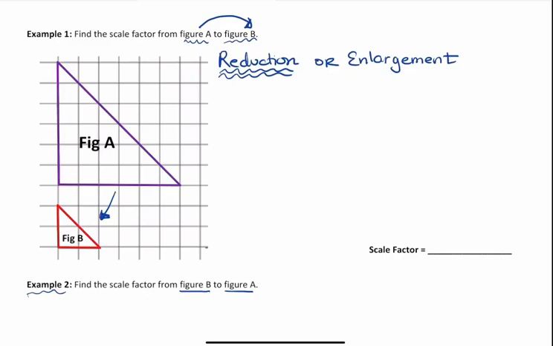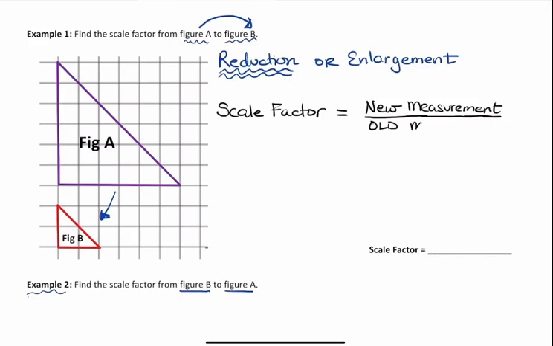But what you want to do is pick some figures out here, and set up a ratio. So scale factor is going to equal a really simple formula right here. What you're going to do for the scale factor is find the ratio of the new measurement over the old measurement.